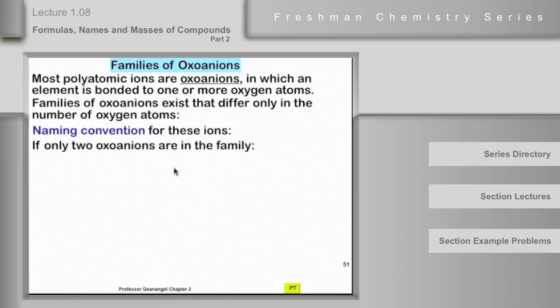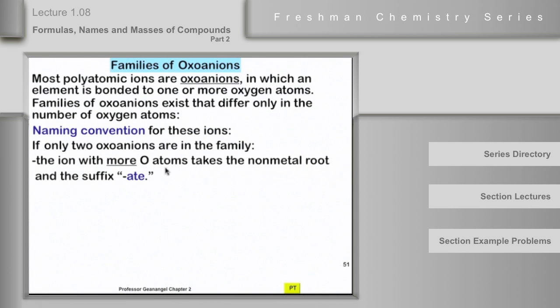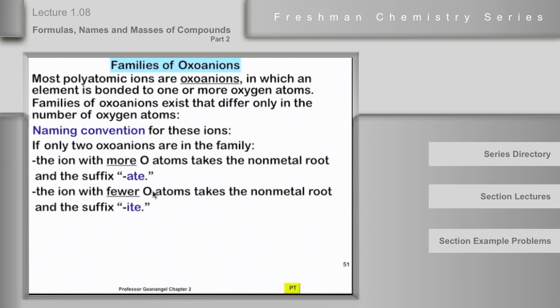But a family of 1 is hardly a family. So the ion with more oxygen atoms takes the nonmetal root and the suffix ATE. ATE means more in this case. And the one with fewer oxygen atoms takes the same nonmetal root and the suffix ITE.